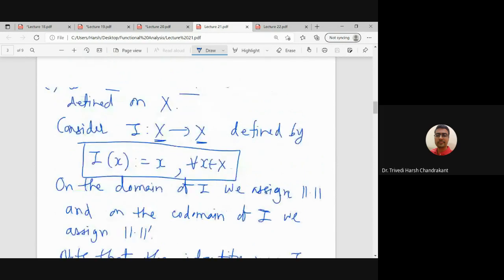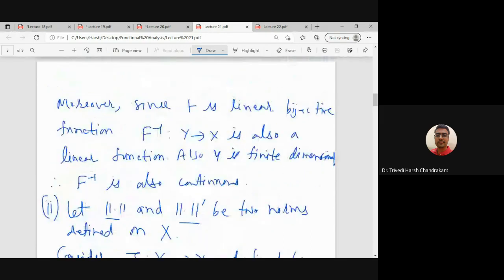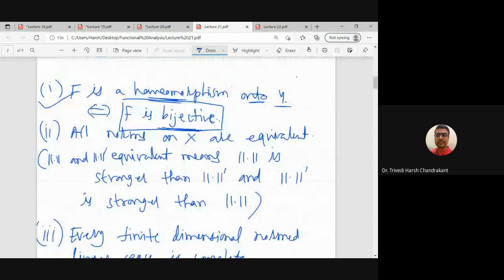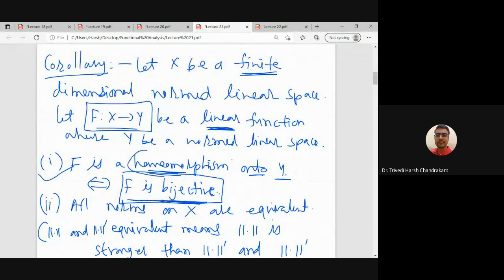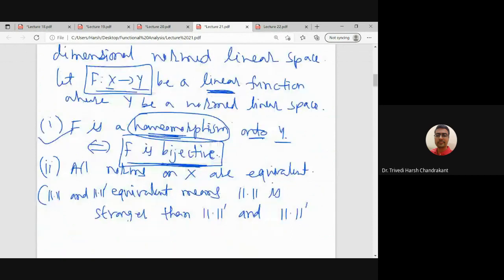So if it is a one-one onto linear function, then from the first part, if we have a one-one onto linear function which is a bijection, then it is a homeomorphism. But there we had a map from X to Y, while in the second part we have the identity map from X to X itself.